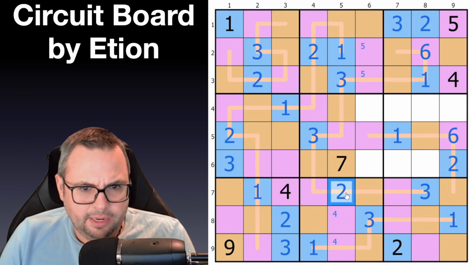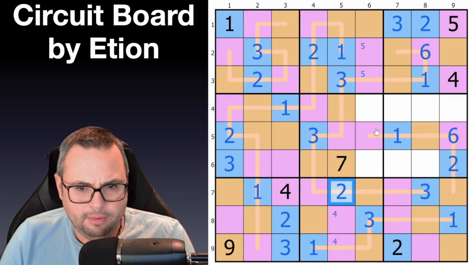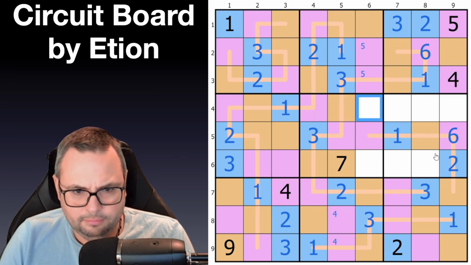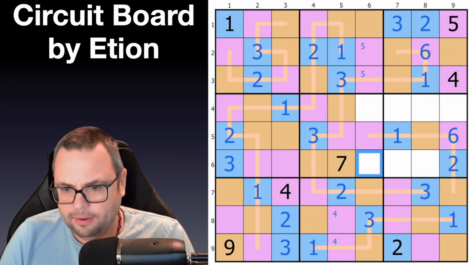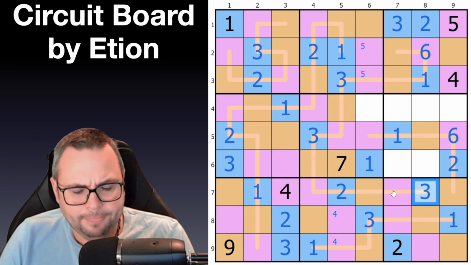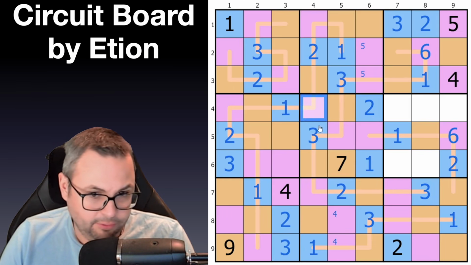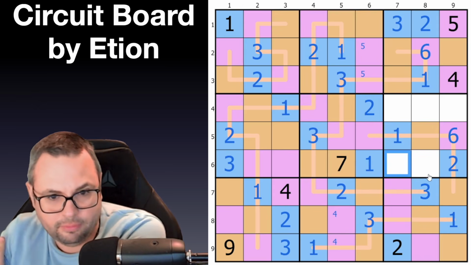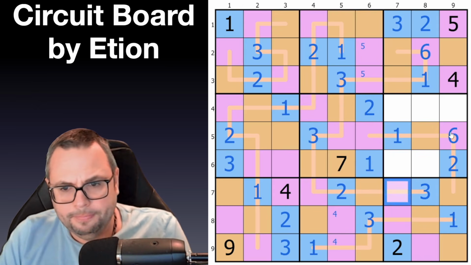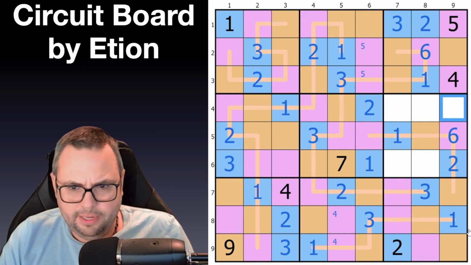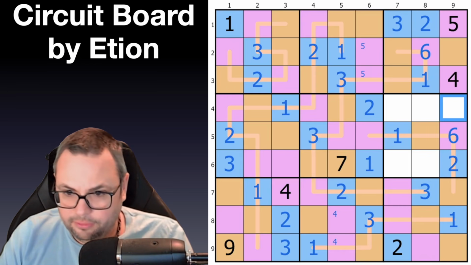Let's see. What about now? Okay, so there's a blue 1 here by Sudoku. Let's do that. And a blue 2 here, in fact, by Sudoku as well, or by coloring, whichever way you would prefer to do it. Let's see. This is a blue 3 by Sudoku.